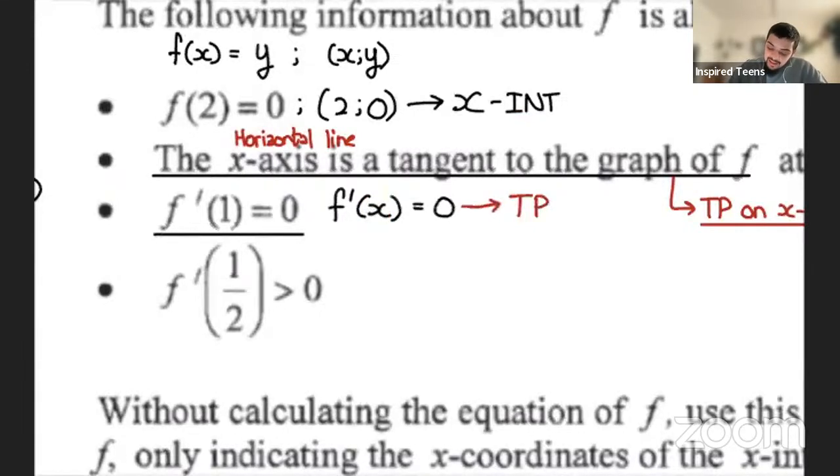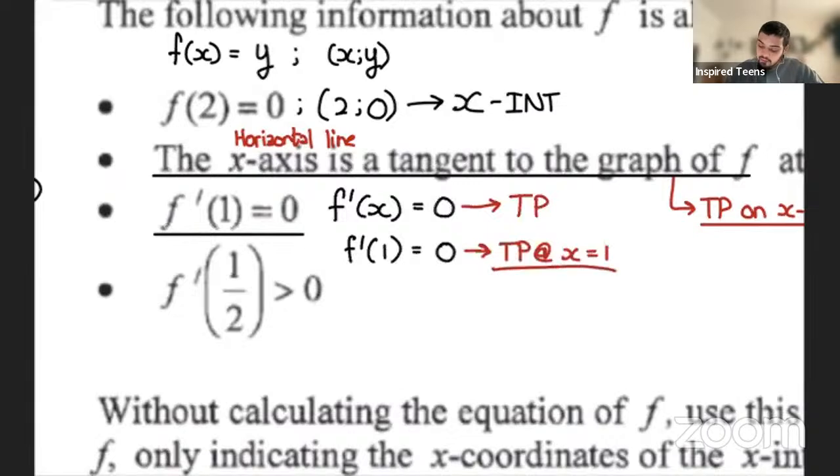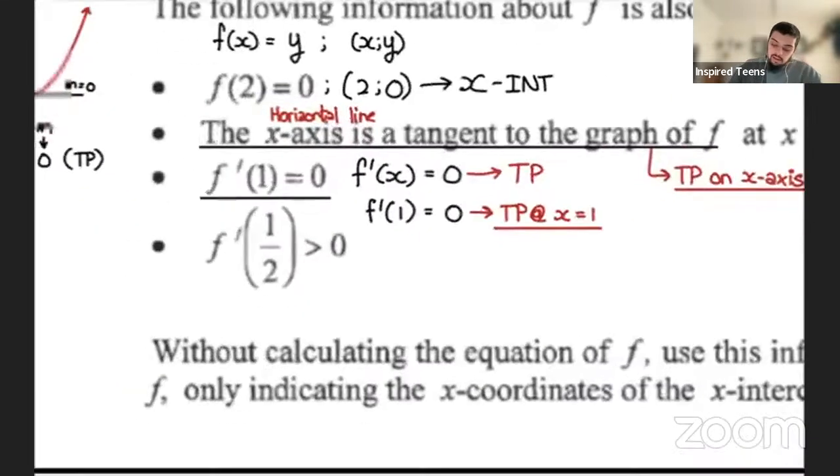So when they give it like this, f prime 1 is equal to 0, they are saying, firstly, this is a turning point because the first derivative is equal to 0, but a turning point at x is equal to 1. That's what they're telling us. So this here is giving us an x coordinate of a turning point.